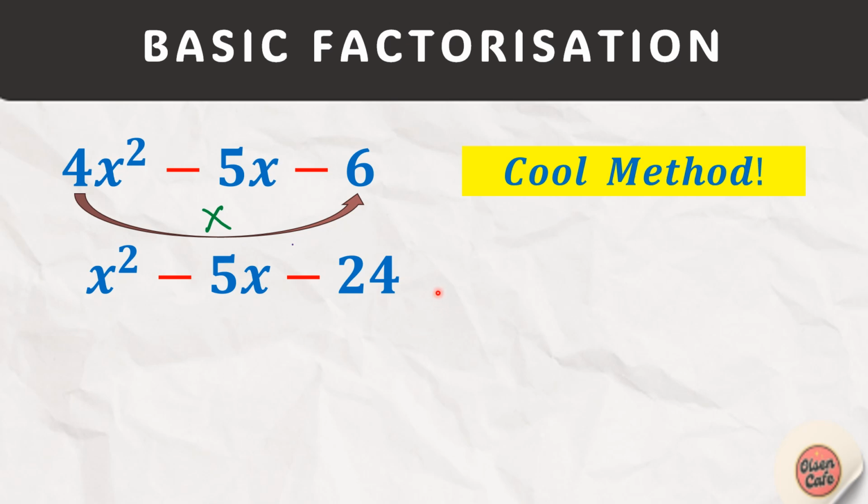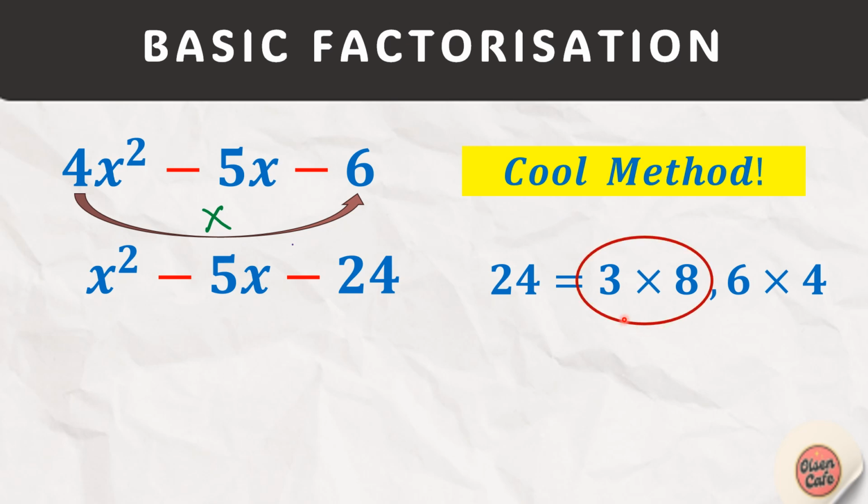So once I have it here, to factorize is pretty easy. I just need to look at 24. So 24, I can either get 3 times 8 or 6 times 4. Since I need to get a negative 5x, it is quite obvious that the combination of 3 by 8 will be able to give me a minus 5x. So minus 5x will be minus 8x plus 3x.